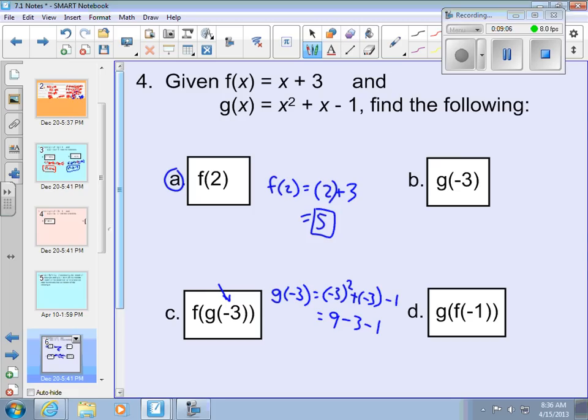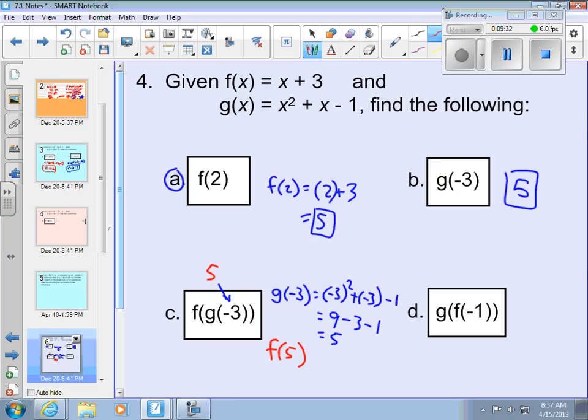And if you subtract that, that's going to equal 5. And that was what you should have got over here if you had tried. That one is 5. All right, so now that we know that's 5, 5 is what that value equals. So what we want to find now is what is f at 5?